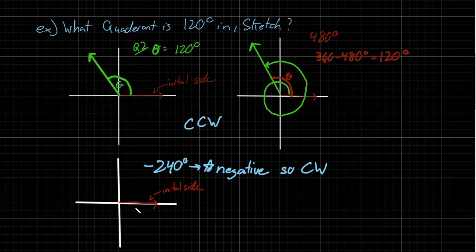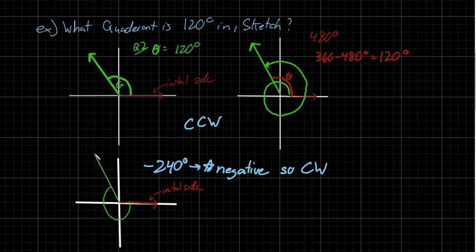I have to go clockwise, right? So am I going up or down? Down. Right here I'm at negative 90, negative 180. Yep, about right there.